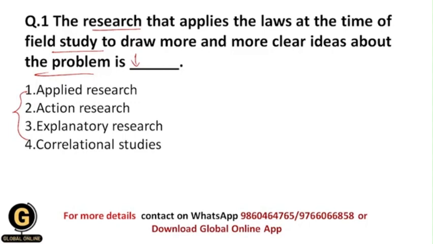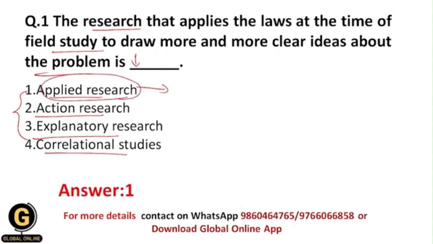Whether it is applied research, action research, explanatory research, or correlational studies, the correct answer is applied research. Applied research is the type of research in which we solve immediate problems, but apart from that we apply the laws, the existing theory or principles, to our problem.